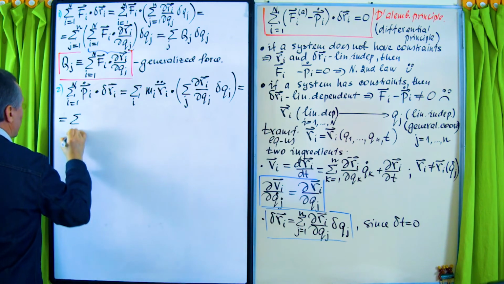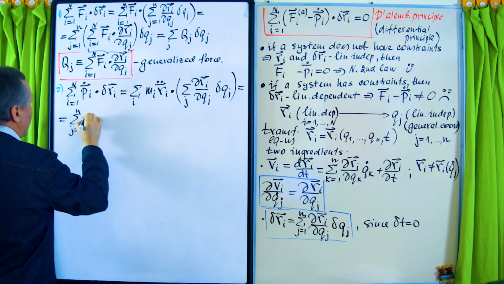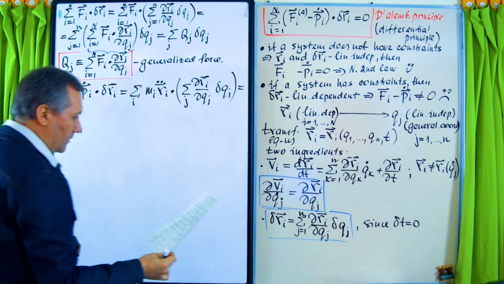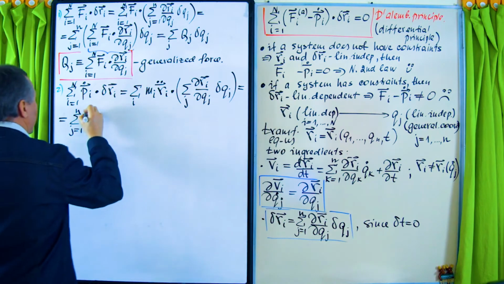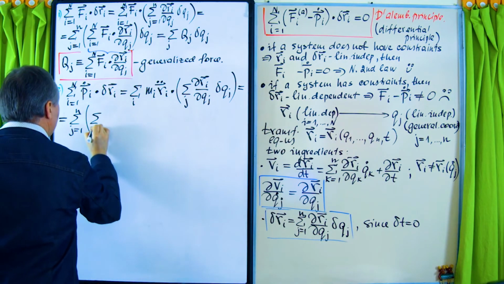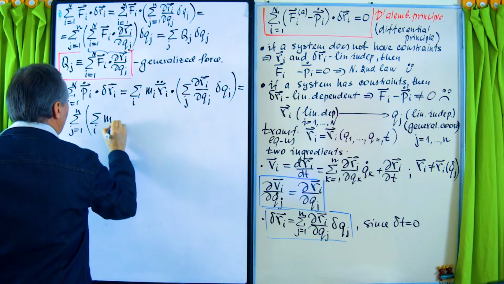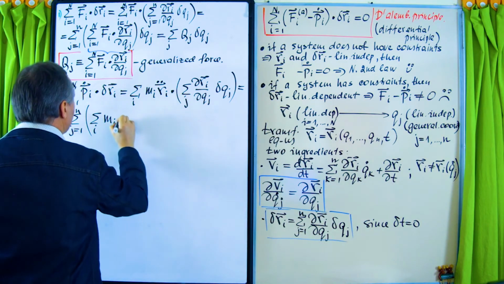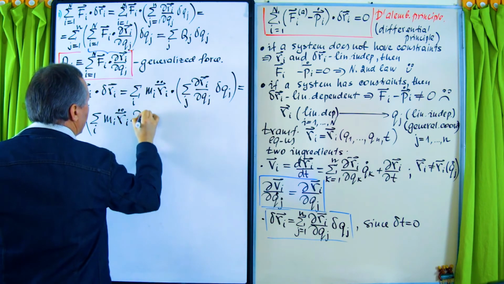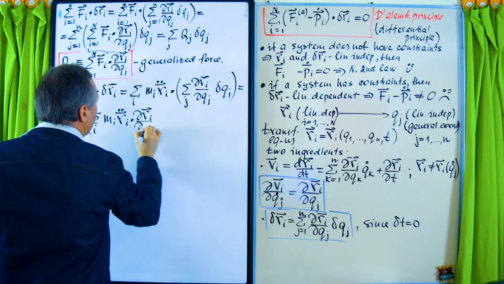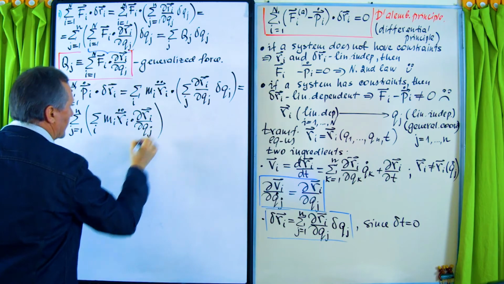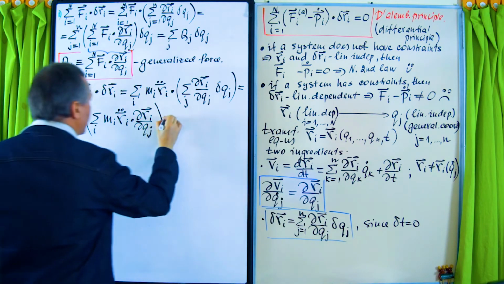So summation over j from 1 to n, and i goes inside, summation over i, Mi Ri double dot, dotted with partial Ri over partial Qj, and delta Qj outside.